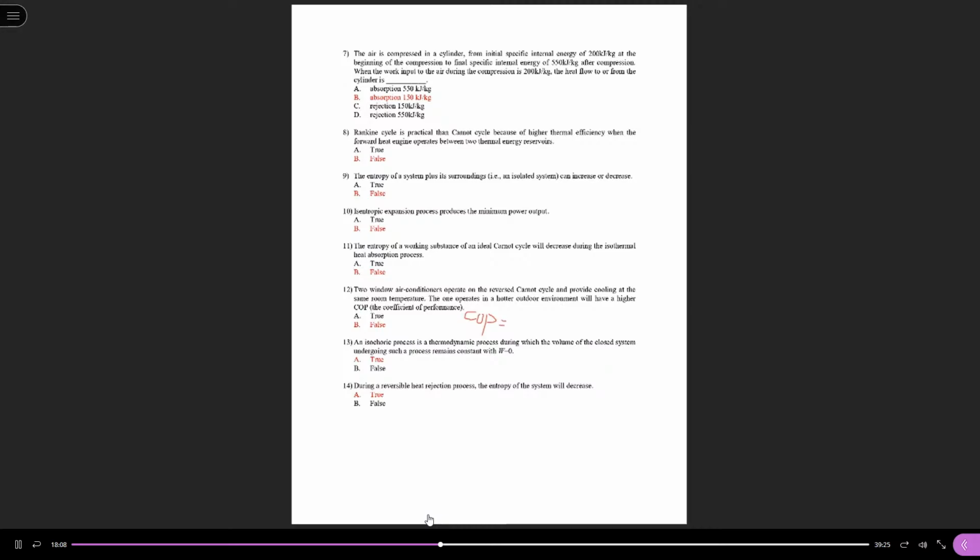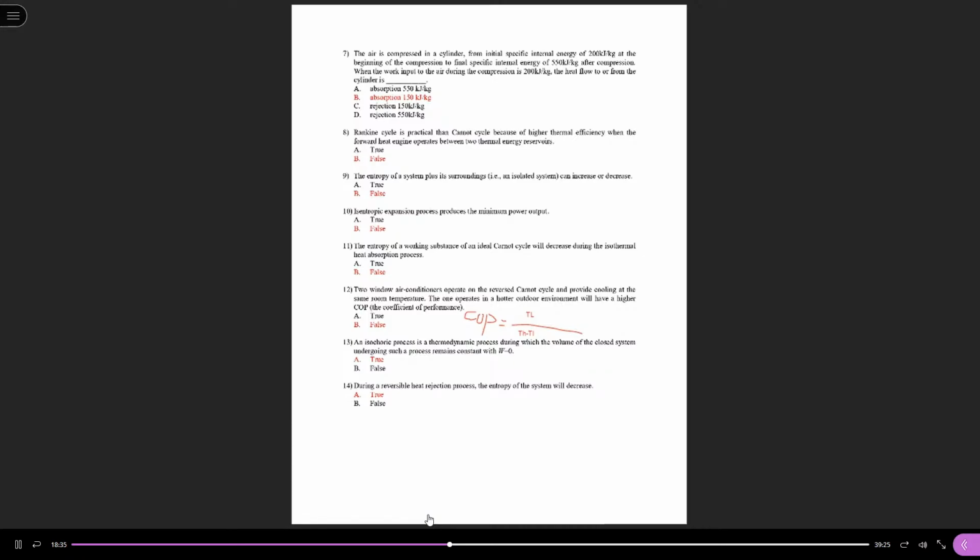For the reverse Carnot cycle, here is the low temperature, and here is the high temperature minus the lower temperature. So now let's see what will affect the calculation results.